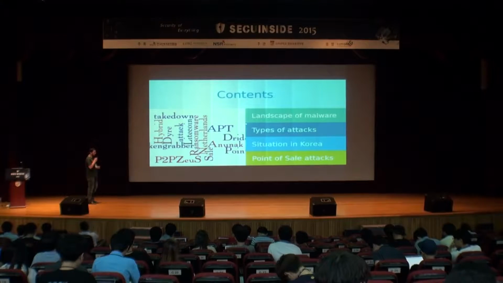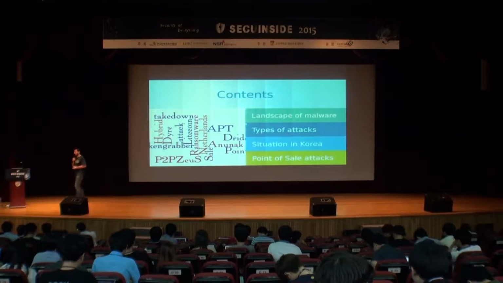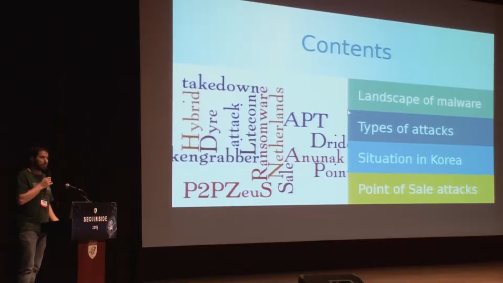I will talk about the landscape of malware, so to talk about what kind of things are done, what kind of malware families exist, what types of attacks they carry. And the situation in Korea, I will give 3 different examples of banking malware attacks that have taken place here.